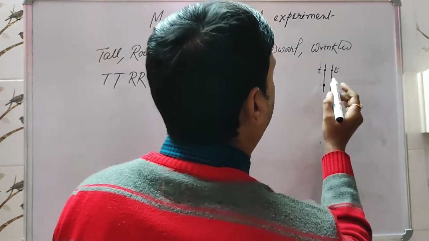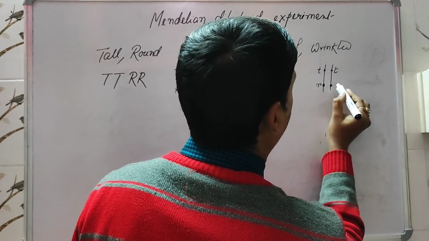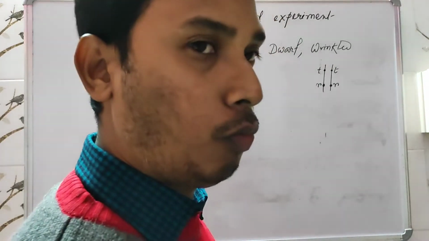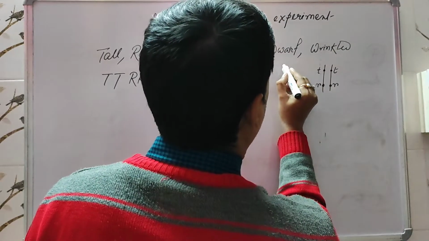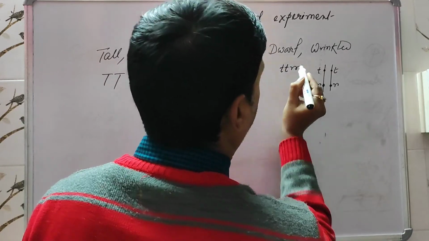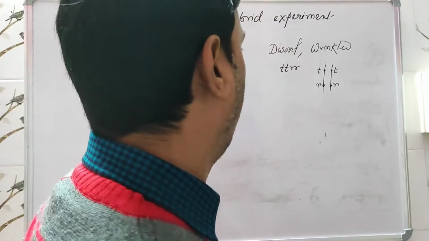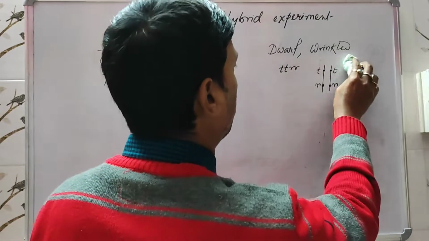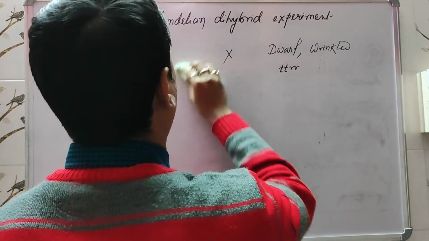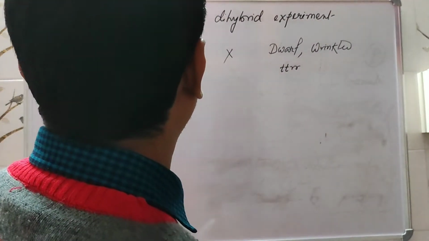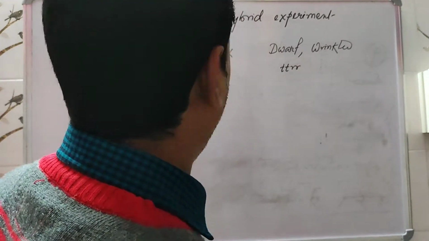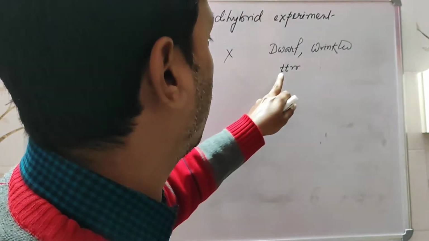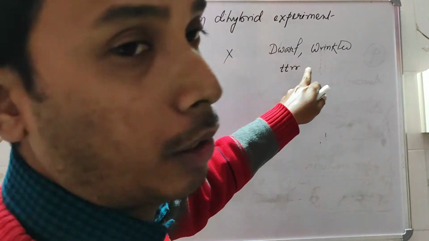For the recessive trait, they are controlling wrinkled, so I have to write small t and small r. So this way I have to write. I am just erasing this portion. So capital T, capital R, and here small t, small r.